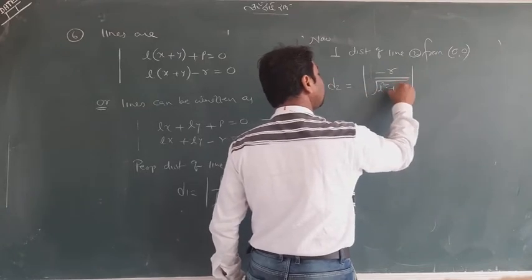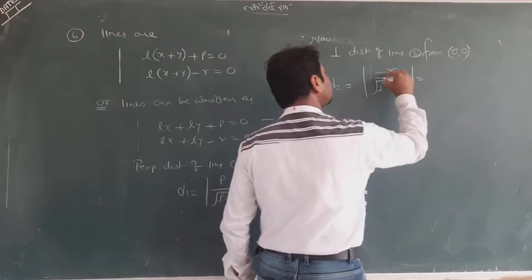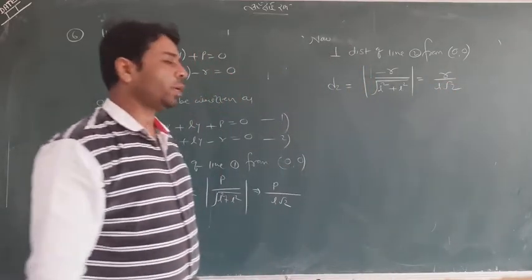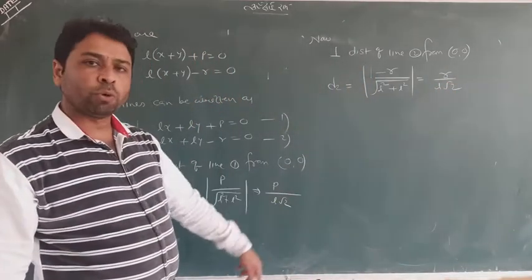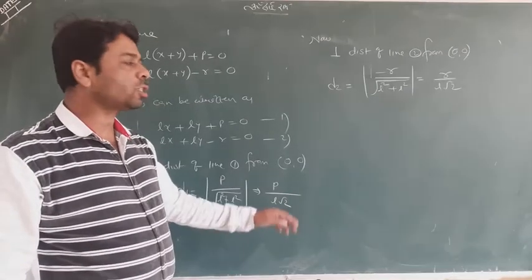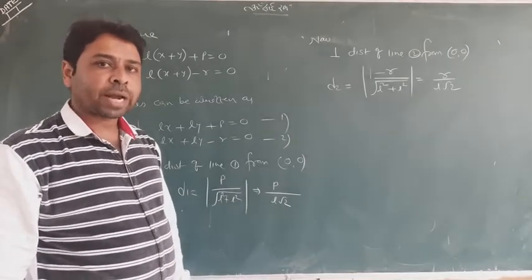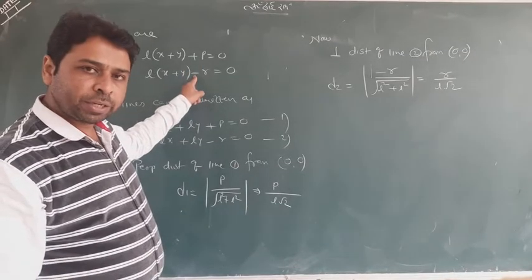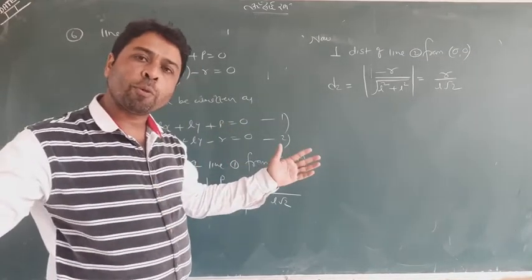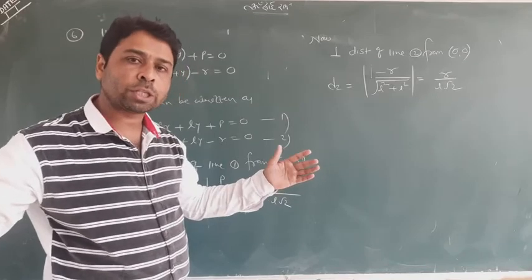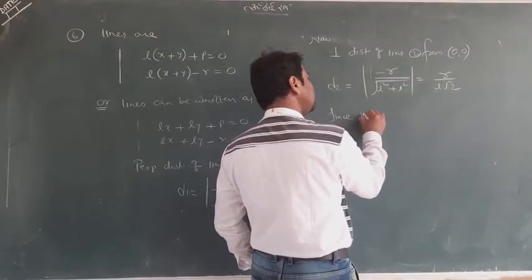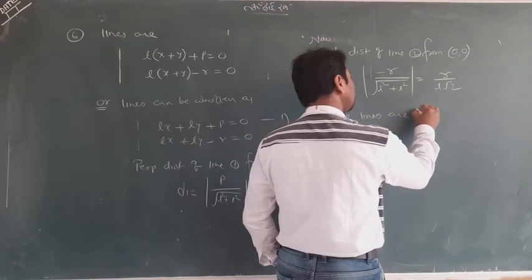You should know that I want to write the answer in a positive way, so r upon L root 2, right? So after getting both the distances, now these distances will be added or subtracted, depending on the sign. If these are opposite sign, it means the lines are lying on opposite sides of the origin, that's why we will add them.